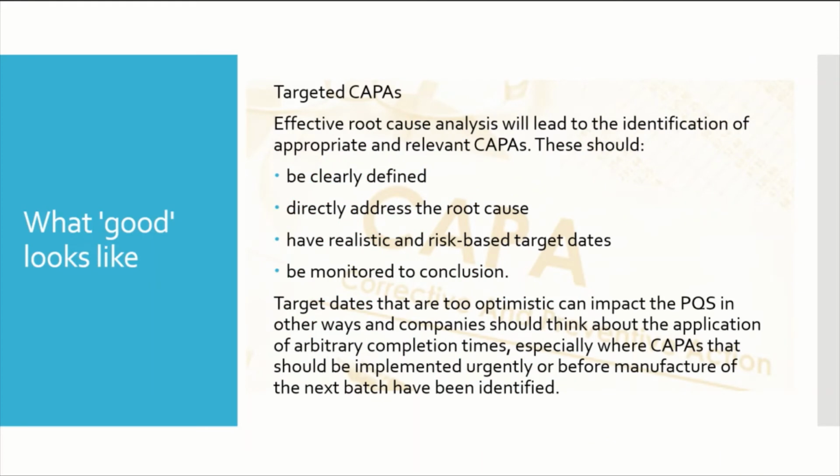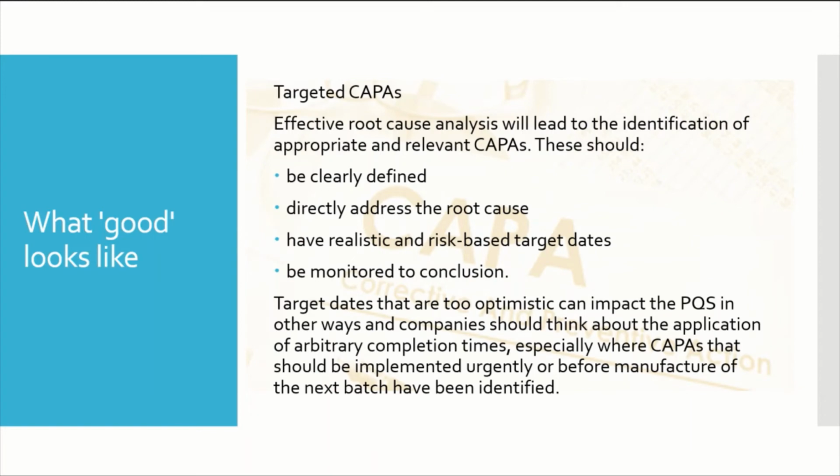Now let's talk about CAPA. Nowadays industry is taking hundreds of CAPAs, and as we saw in the last slide, in the last presentation as well, CAPAs are becoming outdated and are not completed in time. So we should clearly define the CAPAs in the investigation, directly address the root cause, have realistic and risk-based target dates, and monitor the conclusions.